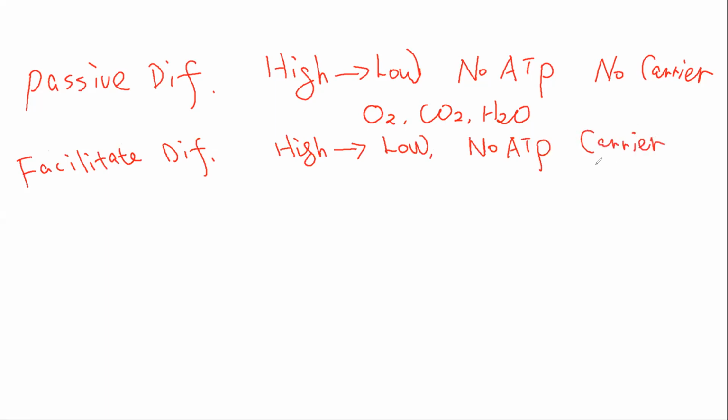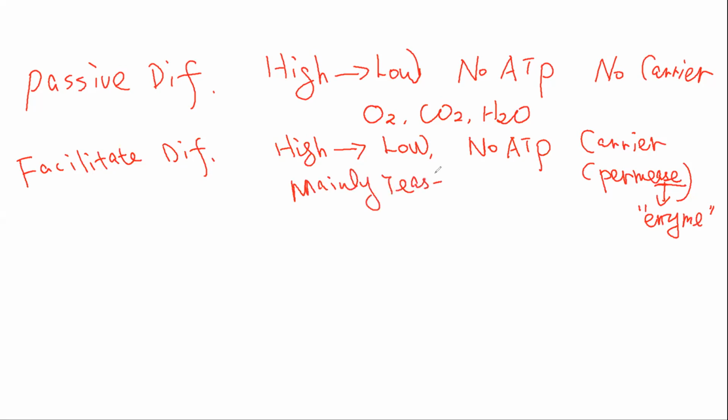The carrier, we also call it a permease. Whenever you see ASE, that means this is an enzyme. Facilitated diffusion is mainly in yeast and molds or other eukaryotic cells.